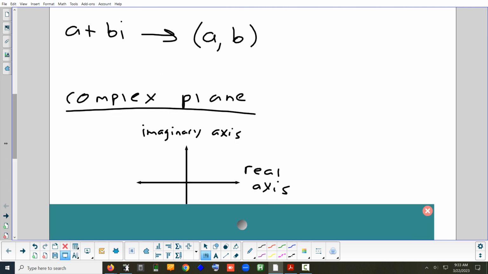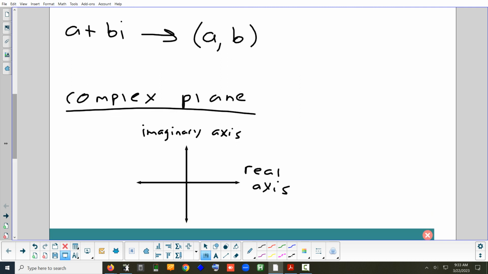On the real axis, positive numbers go right, negative numbers go left, just like you're used to. And on the imaginary axis, positive imaginaries go up, negative imaginary numbers go down. So we're going to go through a few examples of how you would graph complex numbers on the complex plane.